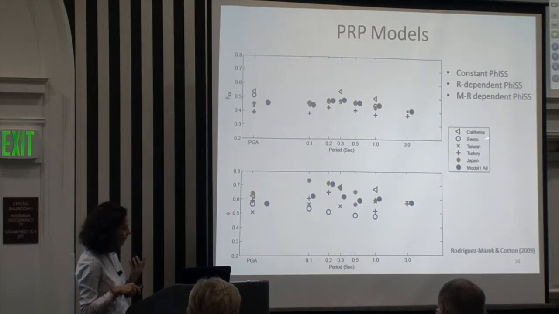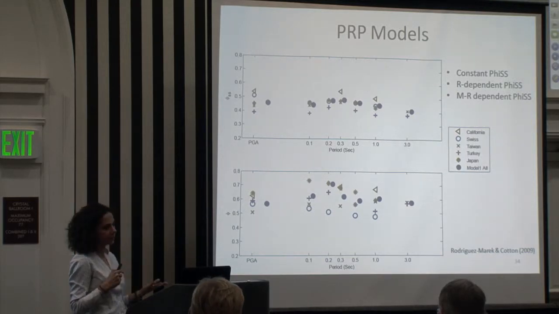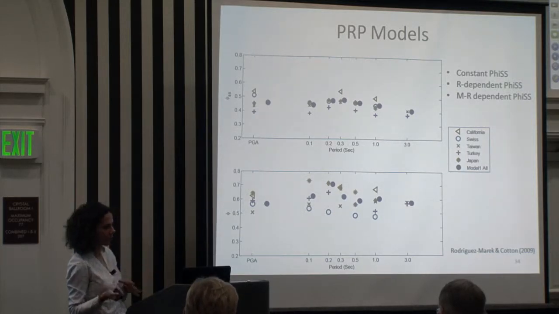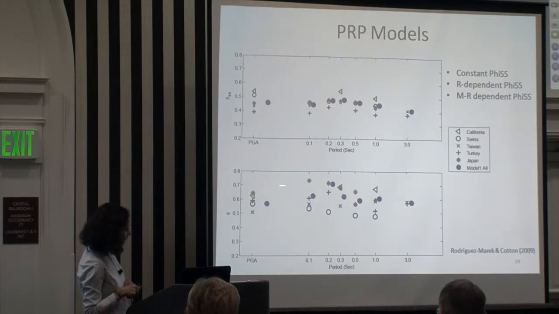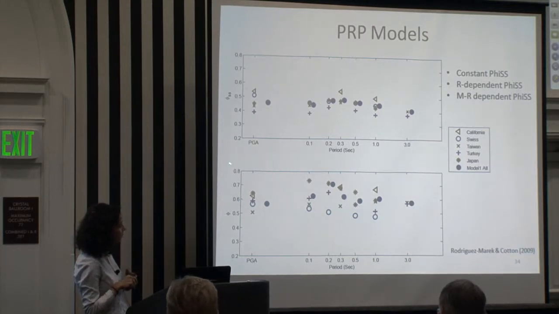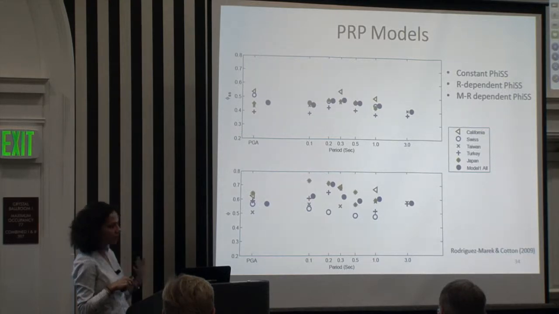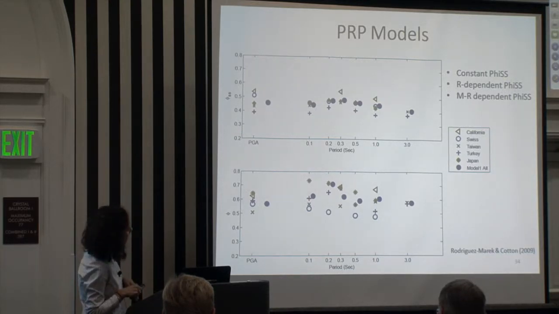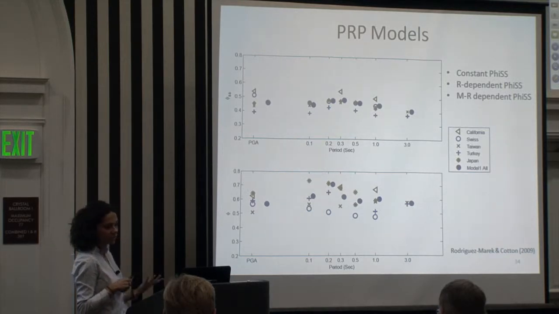They had data from California, Switzerland, Taiwan, Turkey, Japan, but they had significantly less data than what we have now for NGA-West2. And you can see here the trend basically that there is regional dependence in phi. However, when they took out the site term, things looked more stable. So one of the conclusions at the time is that there isn't regional dependence, which isn't what I see now with the Taiwanese data.